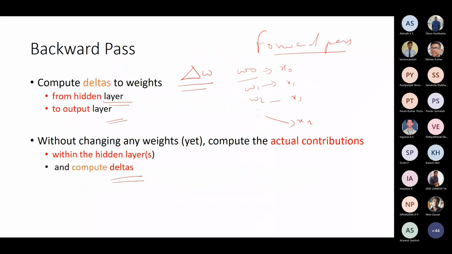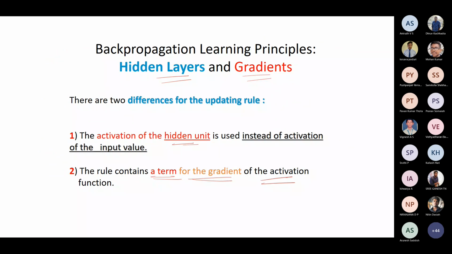There is a very famous algorithm called the backpropagation algorithm, which has hidden layers and gradients. A single perceptron is of no use, so you have to go in for a multiple layer architecture.